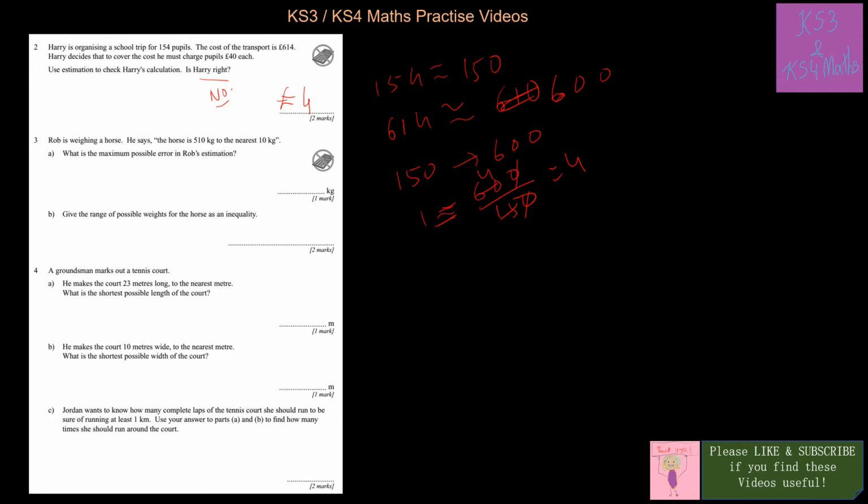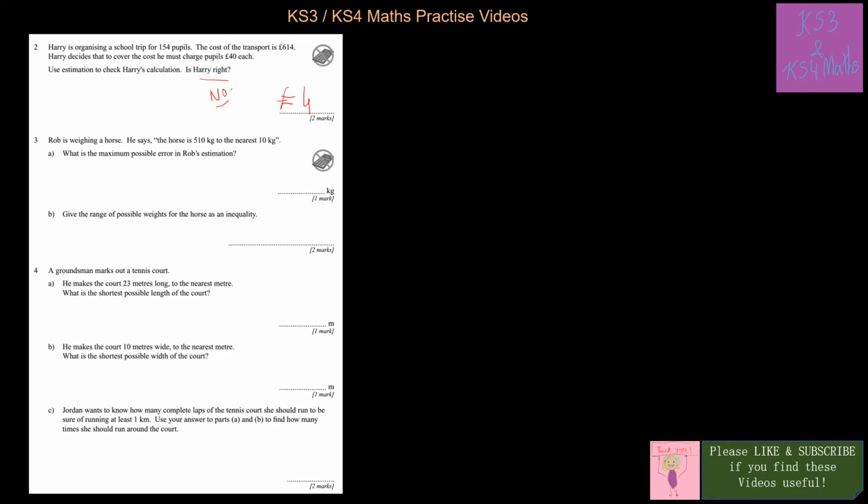The next one, Rob is weighing a horse. He says the horse is 510 kg to the nearest 10 kgs. What is the maximum possible error in Rob's estimation? Because it is to the nearest 10 kgs, we have to take half of that value.